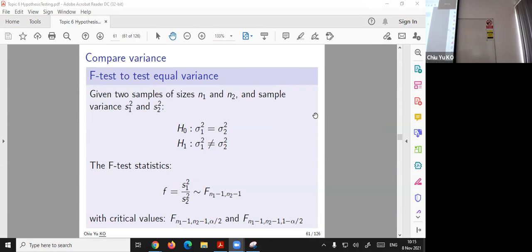Is whether the machine is stable or not, right? Imagine that you are the production manager, you want to make sure the two machines, right, is it going to give you the same production error, right, or same accuracy, right? Then actually you talk about variance, right? You talk about which of the two machines is good, all right?